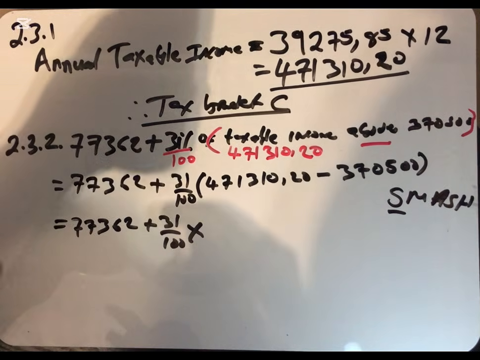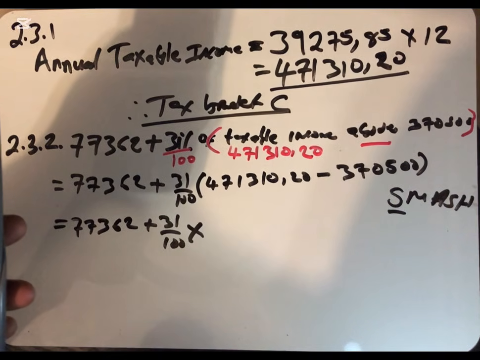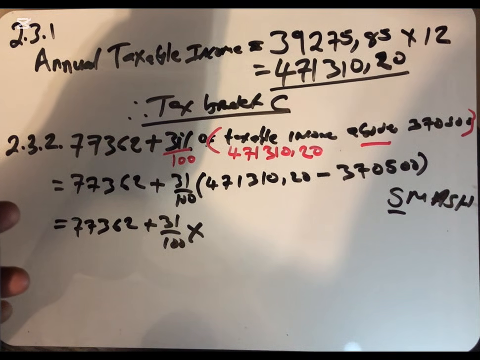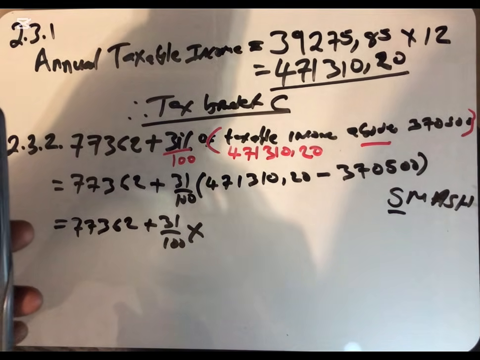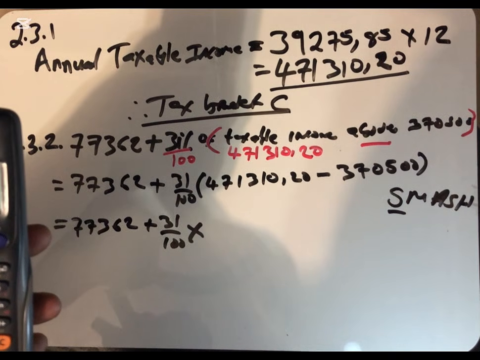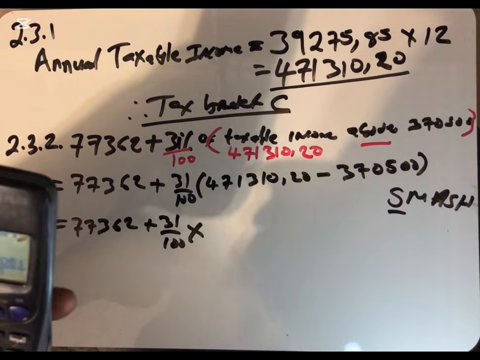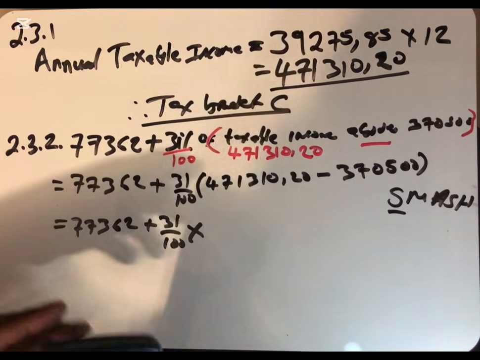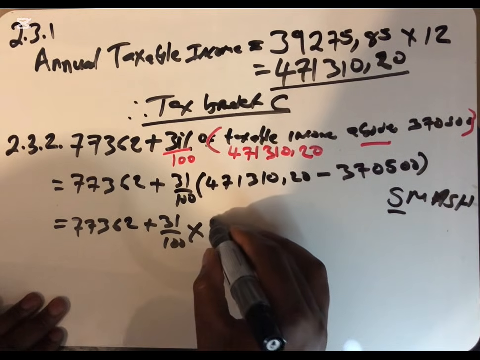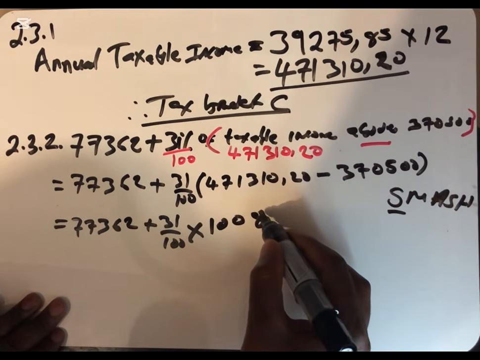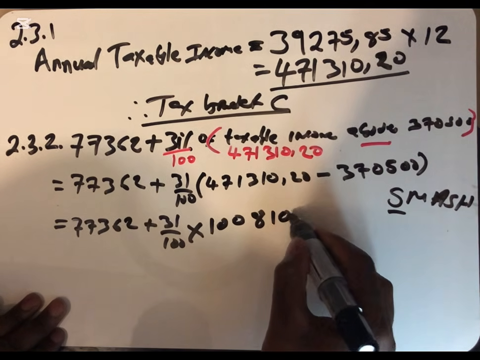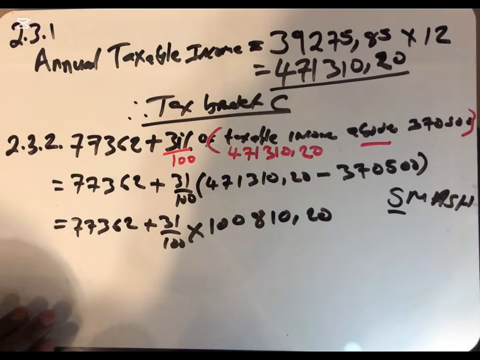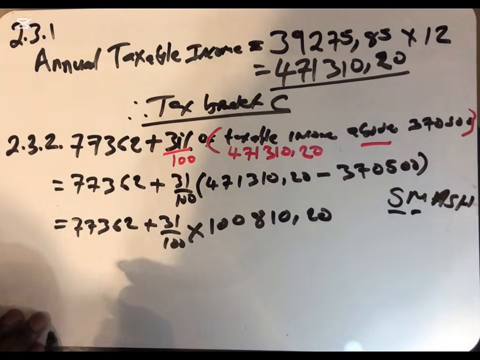Then you are going to say 471,310.20 minus 370,500. We found that the difference between the two is 100,810.20.